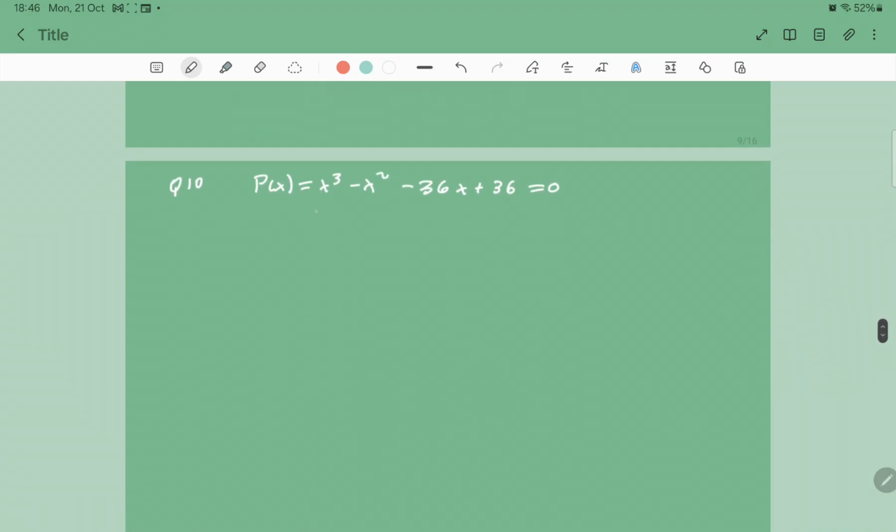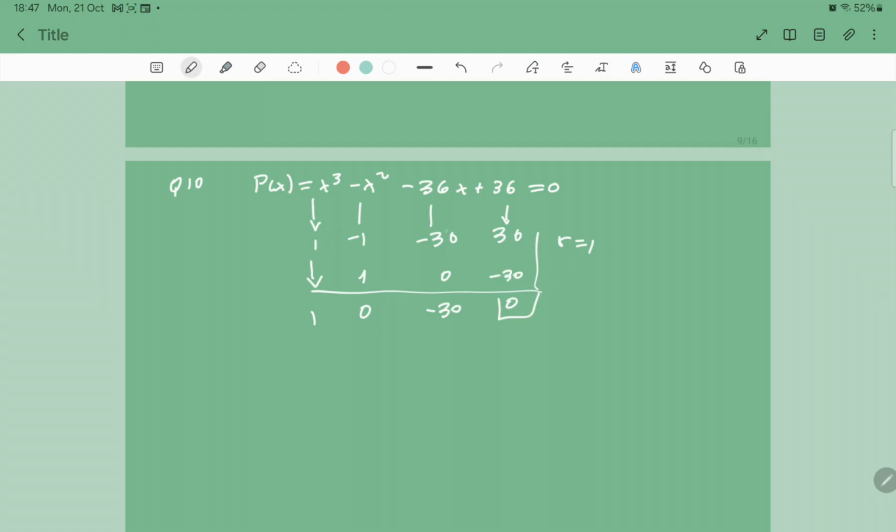Let's go to the last example. The initial guess is 1. 1 goes down, multiplies my root 1. Minus 1 plus 1 is 0. 0 times 1 is 0. Minus 30 plus 0 is minus 30. Minus 30 times 1 is minus 30. 36 here, sorry.